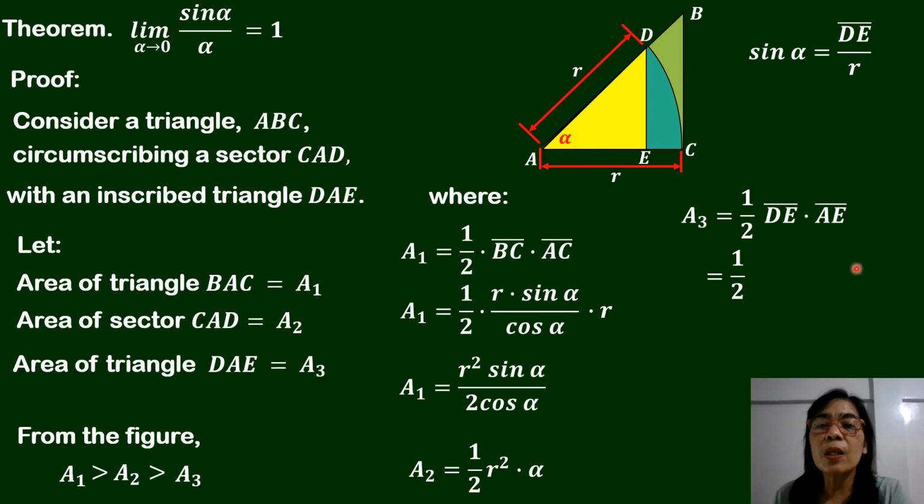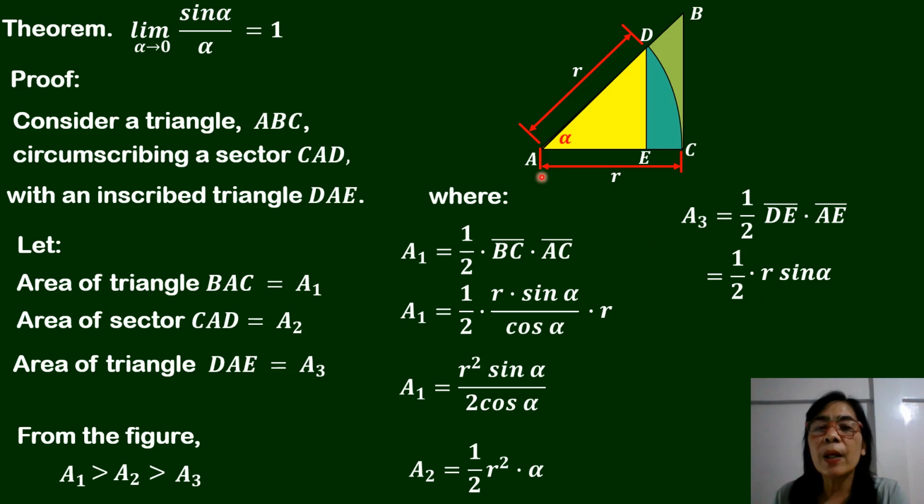Looking at this triangle, sine alpha is the opposite side, DE, all over the hypotenuse, which is R. So solving for DE, that gives us R sine alpha.